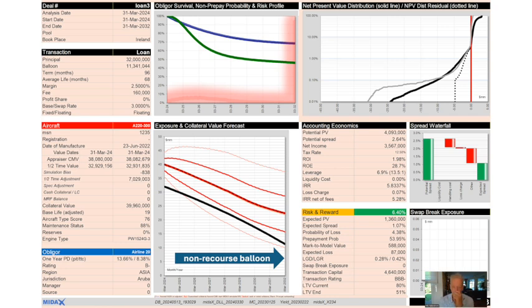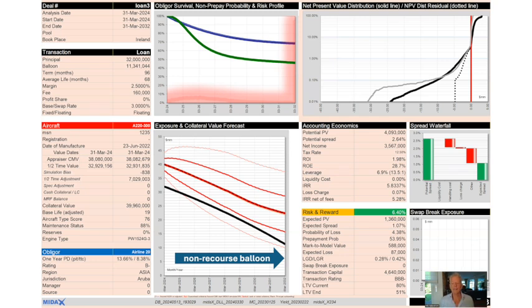One is that the borrower could be a special purpose company, a shell company with only the aircraft as the asset and your loan as its liability. And then, of course, there are no other assets in the company. So if the obligor, in case the airline that leases the aircraft, defaults, then there is nothing left in the SPC to pay back the balloon. So you rely only on the value of the aircraft.